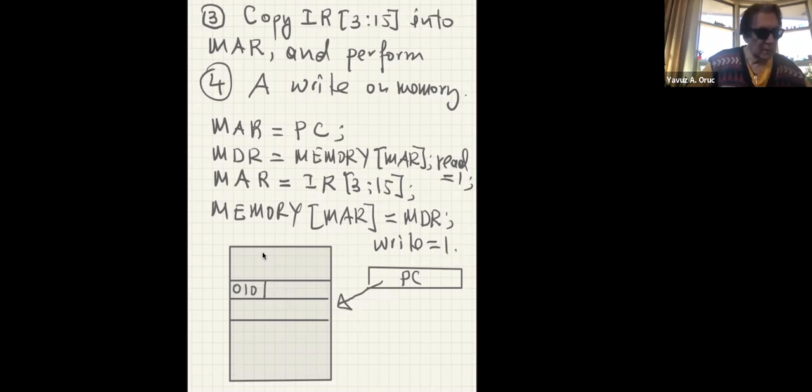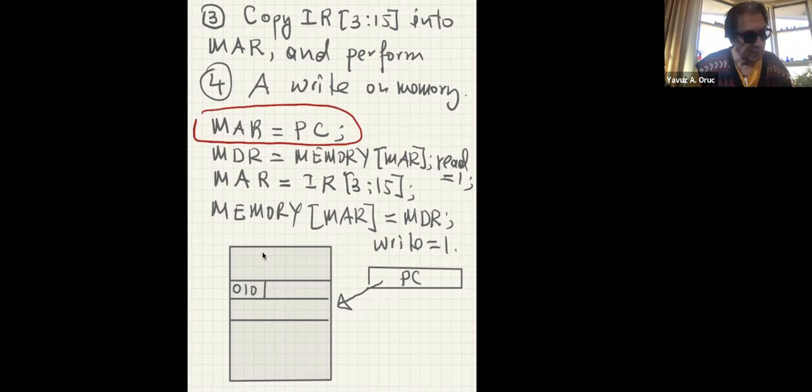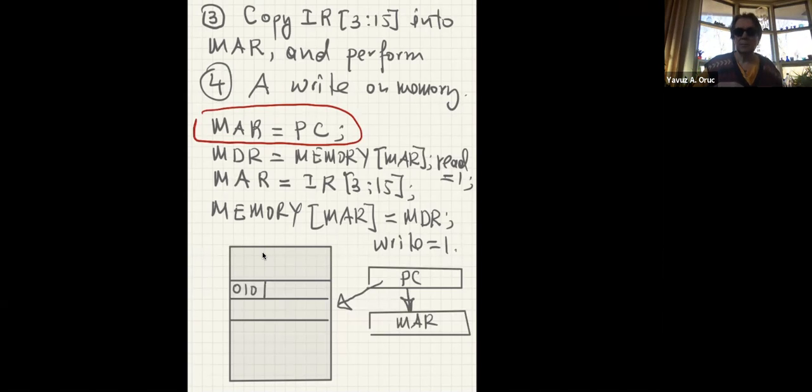And what I did, if you notice, let me use the red. Look at that step. It grabbed PC, which is pointing to this location, and pushed it into here. That MAR equals PC just did that.